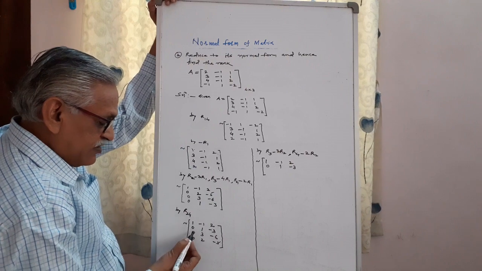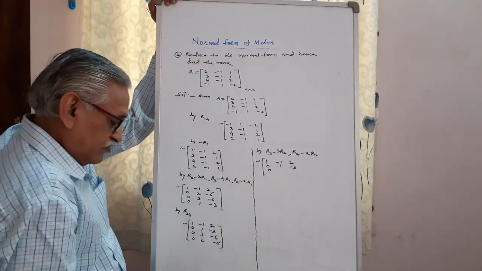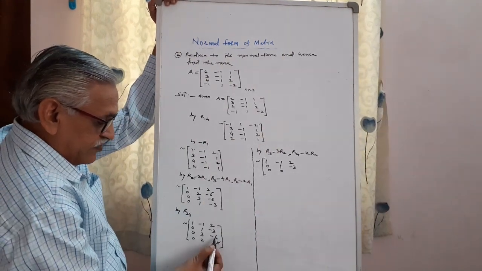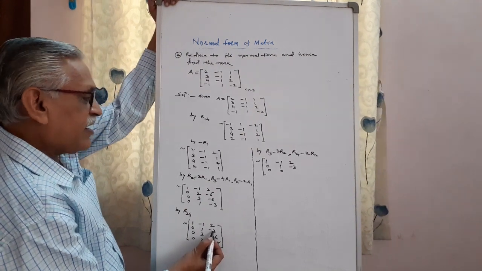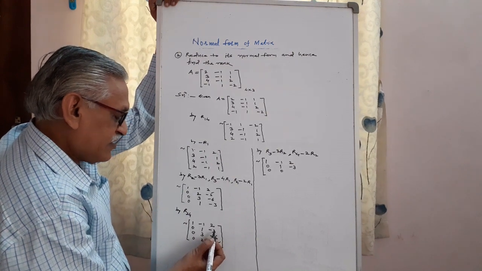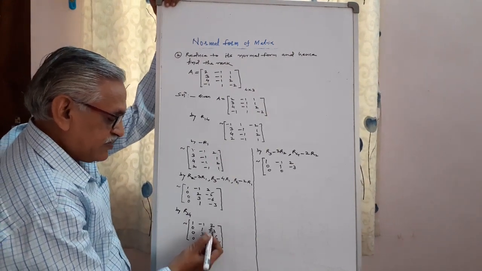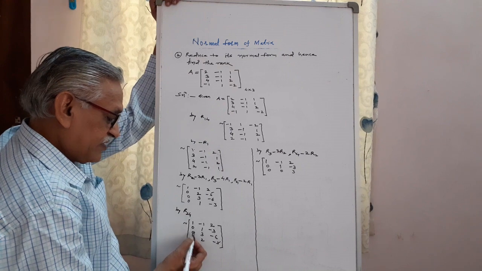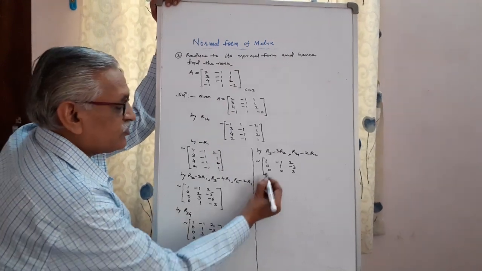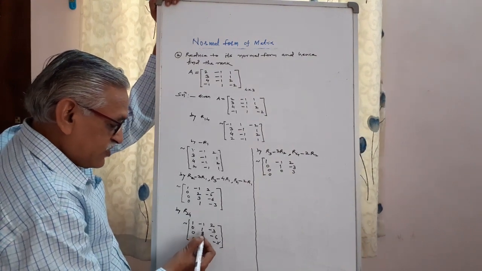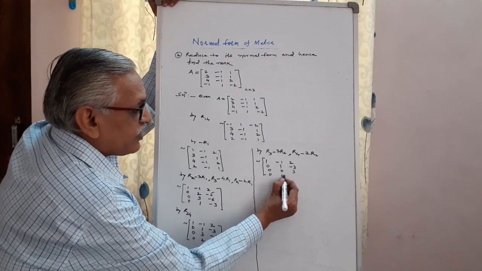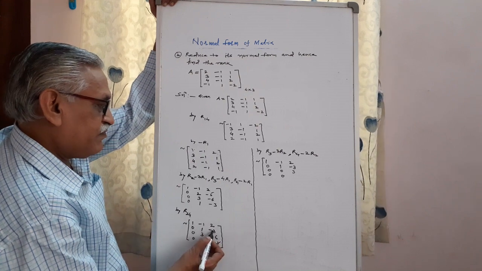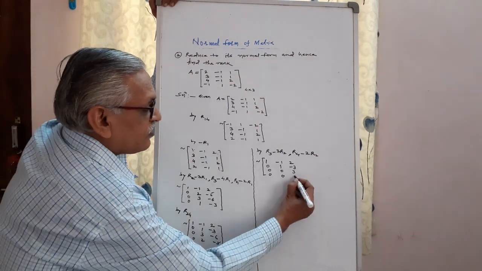Then the third row: 0, 3 minus 3 times 1 is 0, then -6 plus 9 gives 3. The fourth row: 0, 2 minus 2 is 0, and -5 plus 6 gives 1.